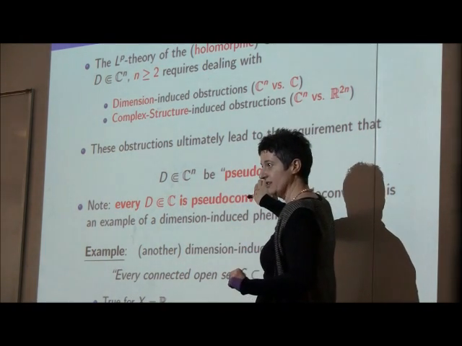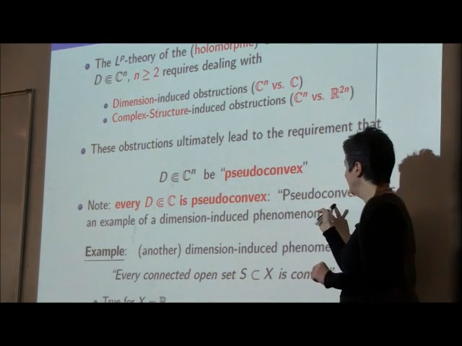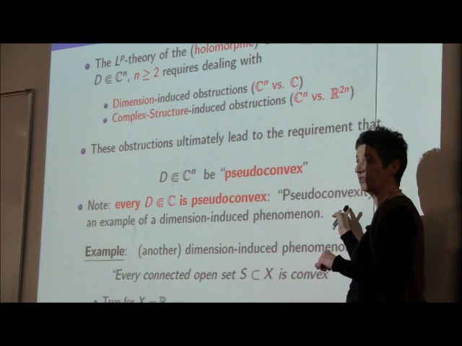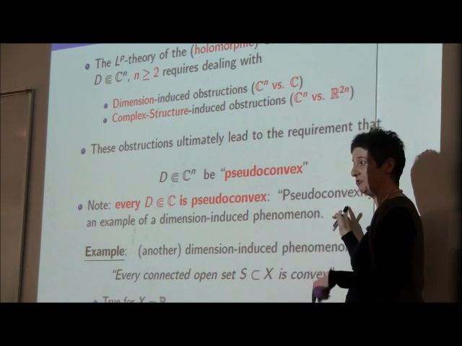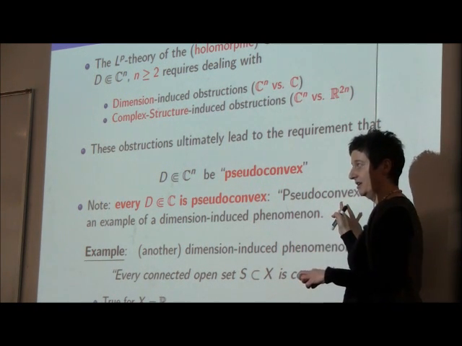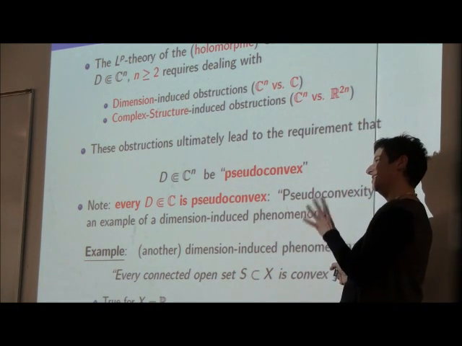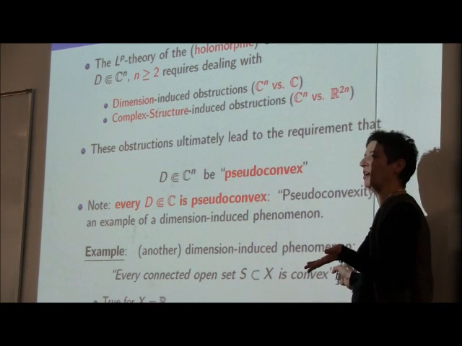More about this later. I'll just say now that in dimension 1, pseudo-convexity is an invisible phenomenon. Every domain is pseudo-convex. This is a dimension phenomenon, but it's something that in a different context we're all familiar with.